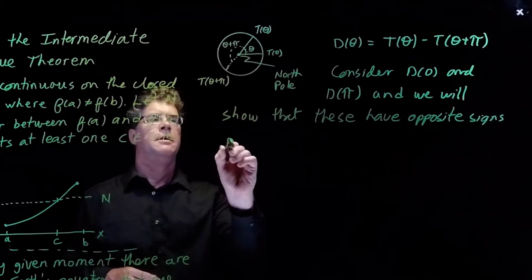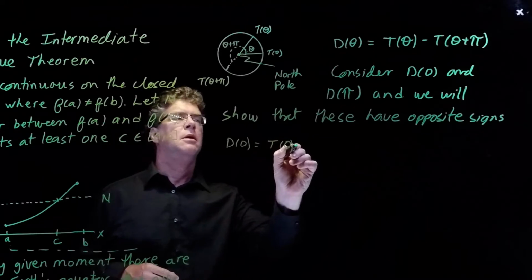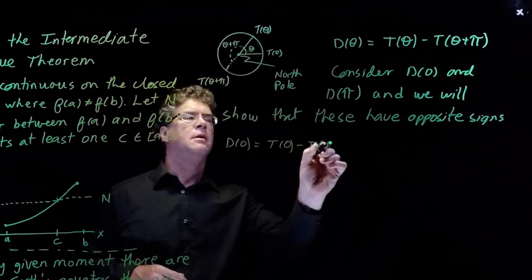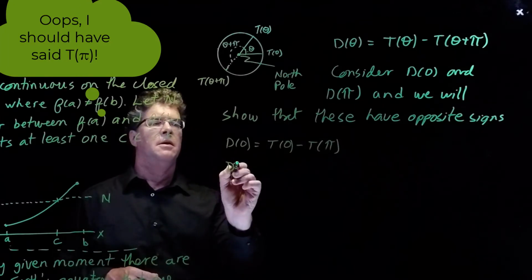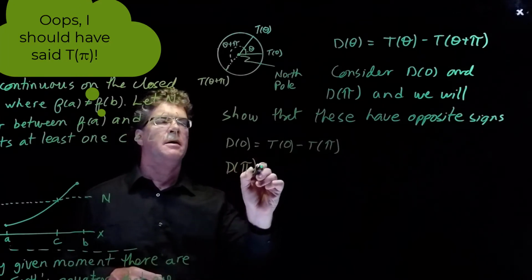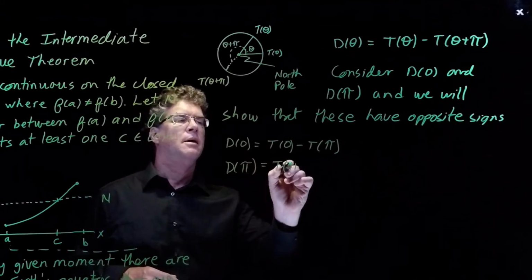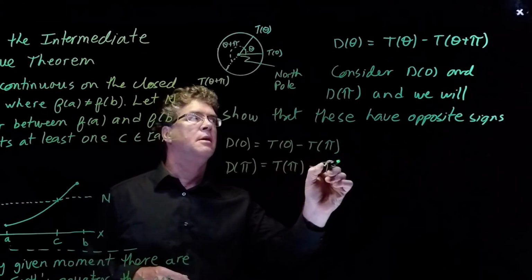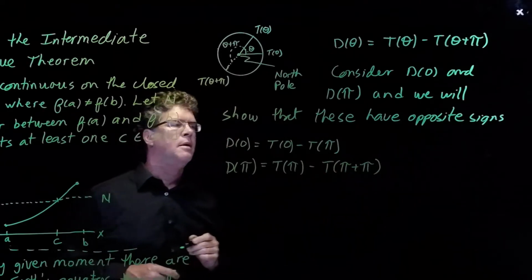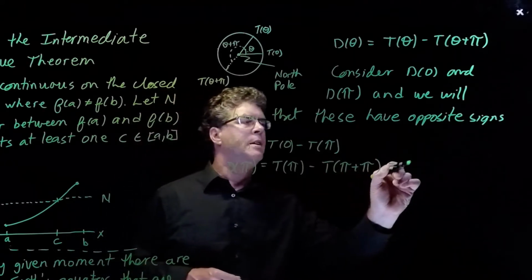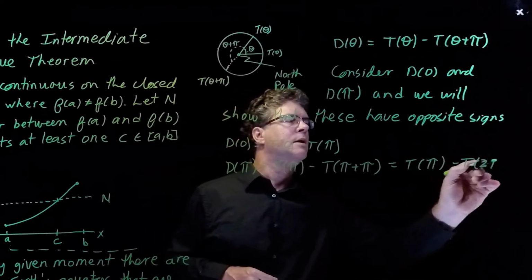So d of 0 is going to be T of 0 minus T of pi. Now d of pi is going to be T of pi minus T of pi plus pi, which is equal to T of pi minus T of 2 pi.